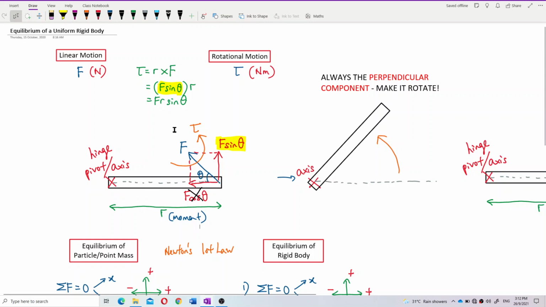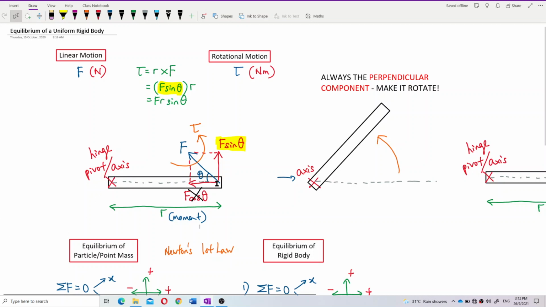Now why is it F sine theta, and not F cos theta? Look at this force. It is resolved into two components, F sine theta and F cos theta. F cos theta is adjacent to the angle theta, and F sine theta is opposite to the angle theta. Which force makes the object rotate around this axis of rotation?